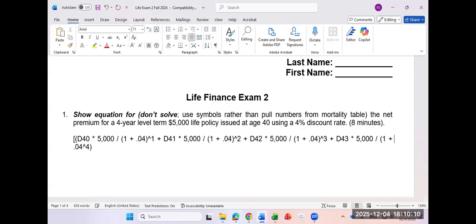You can take all of that and divide that by, and the denominator looks really similar. L40, except for you don't multiply by the face. Just L40, plus L41 divided by 1 plus the rate, plus, excuse me, L42.